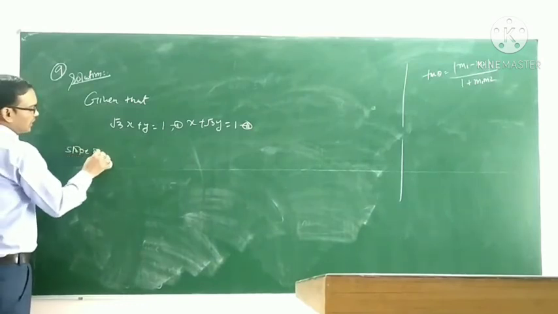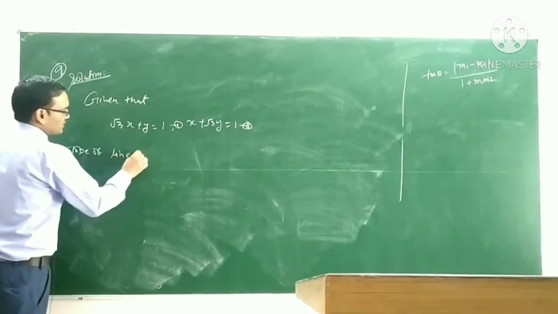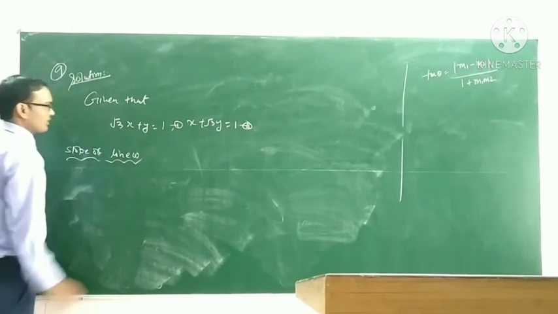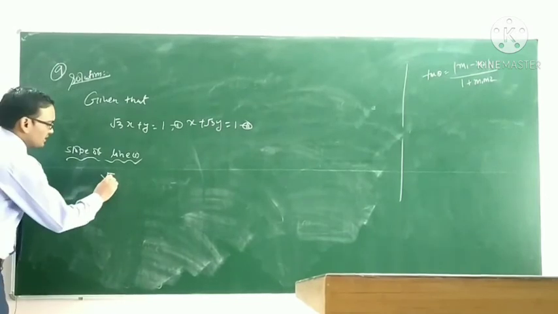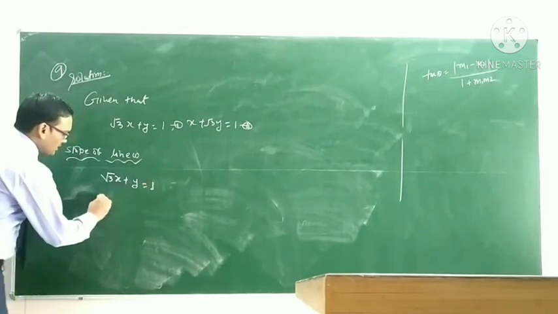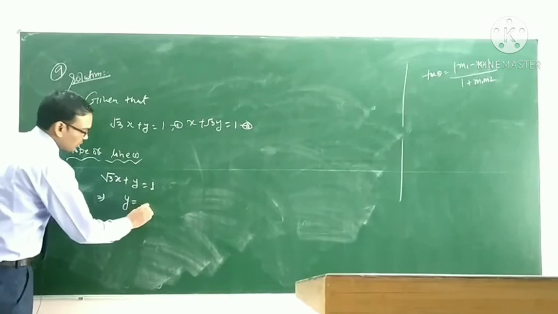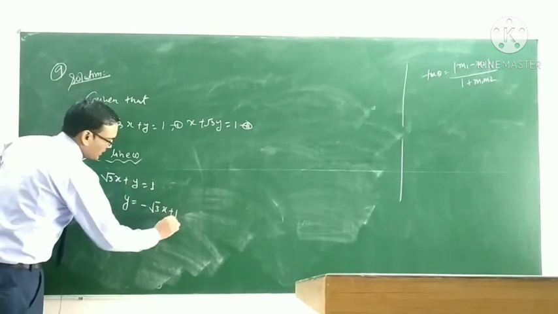Okay students, we find the slope of the first line first. Here square root 3 x plus y is equal to 1. This equation is also written as y equal to minus square root 3x plus 1.